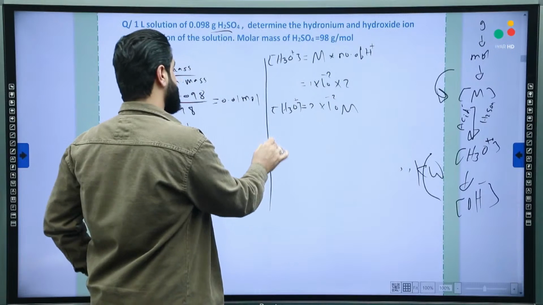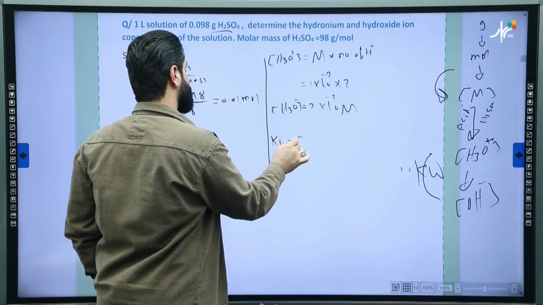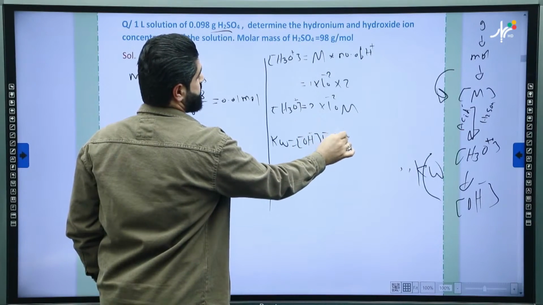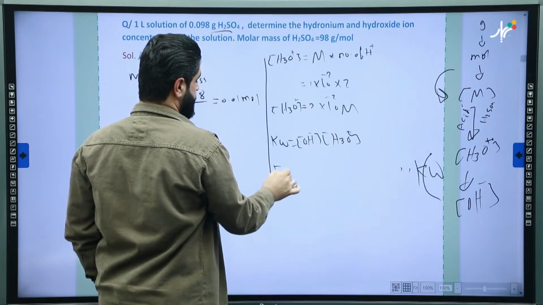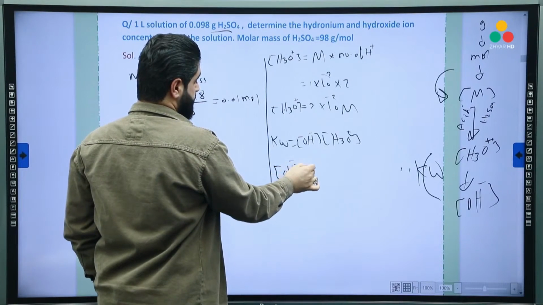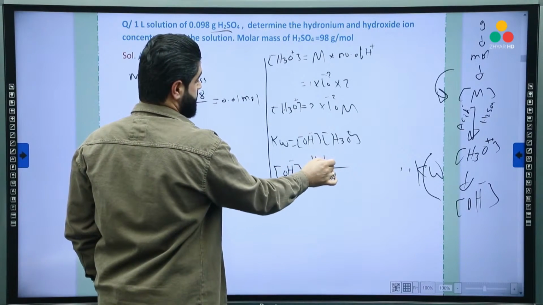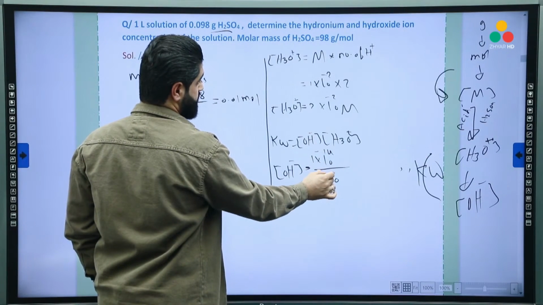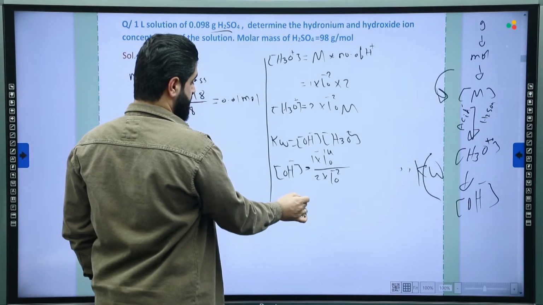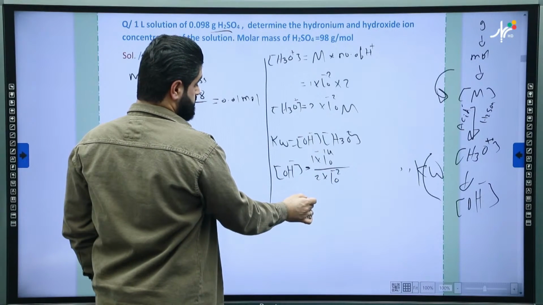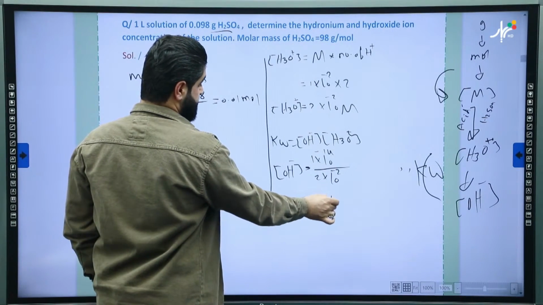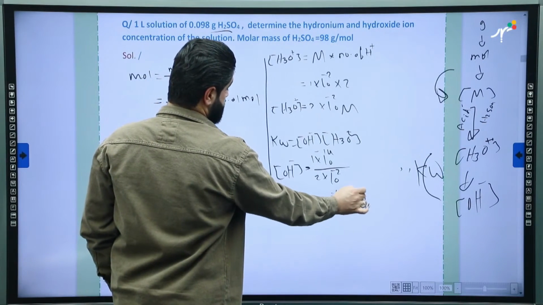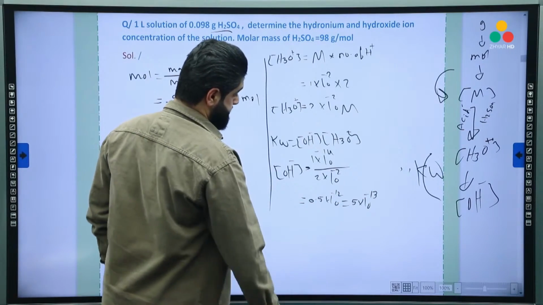Kw equals OH times H3O, so OH is 1 times 10 to negative 14 over 2 times 10 to negative 2, which is 0.5 times 10 to negative 12, or 5 times 10 to negative 13.